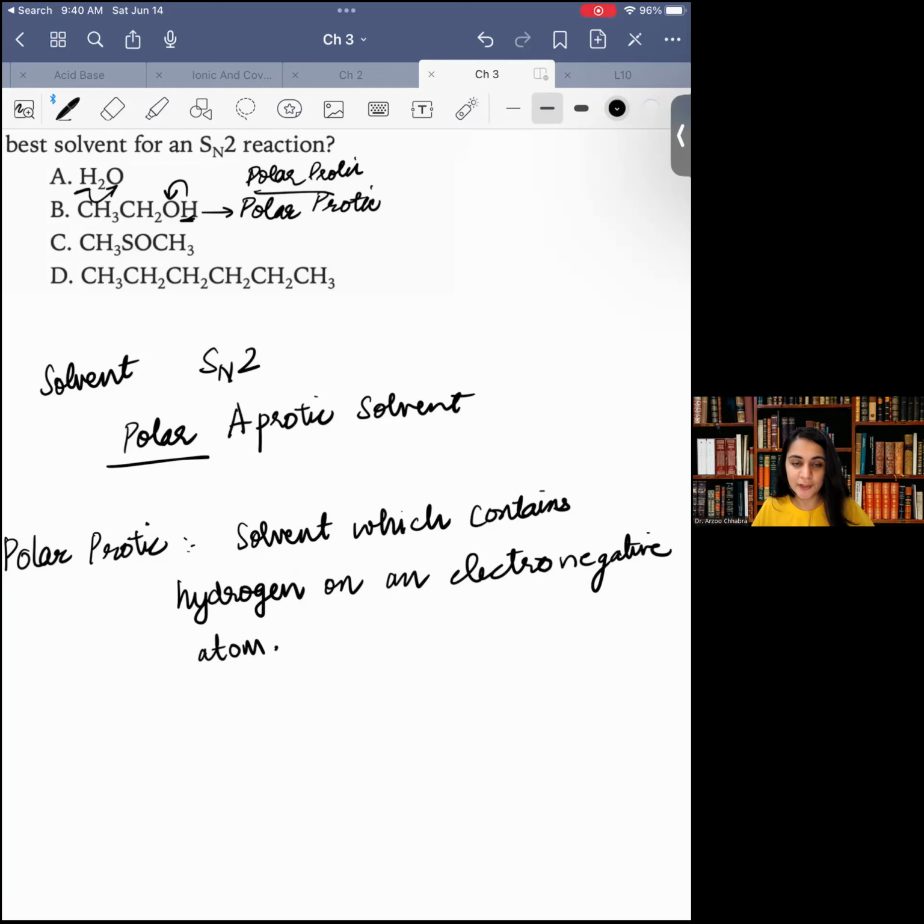A solvent which contains a hydrogen on an electronegative atom is called a polar protic solvent. If it doesn't contain a hydrogen on an electronegative atom, the hydrogen is there, but not on an electronegative atom, for example oxygen, nitrogen, fluorine, then they're polar aprotic, meaning the electronegative atoms are there, but hydrogen is not present on the electronegative atom.